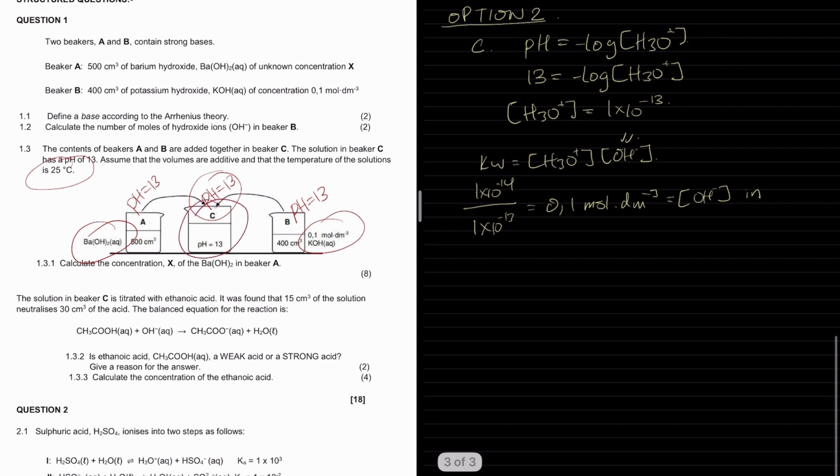So this volume here is 0.9 dm cubed. Why 0.9? Because this is 400 and that is 500. So 400 plus 500 is 900. 900 cm cubed is 0.9 dm cubed.